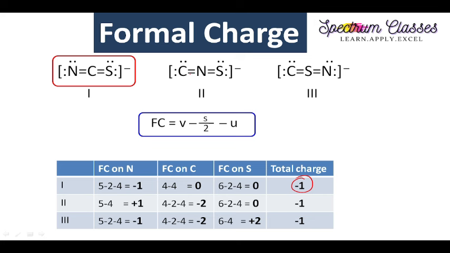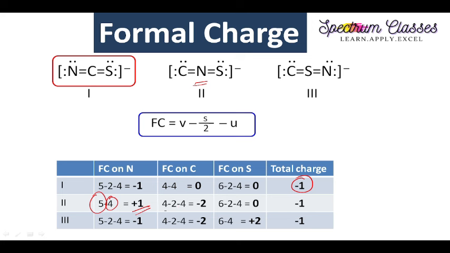Coming to the second molecule. In this second molecule we are just going to calculate this nitrogen. Here 5 valence electrons are there and it forms 4 bonds. No unshared electron is seen there. So here we have +1 formal charge. Second is carbon.